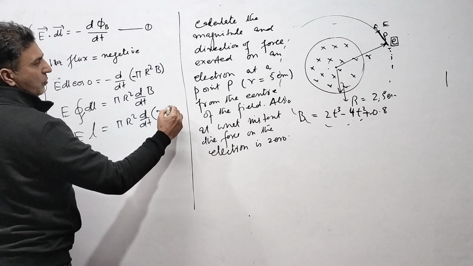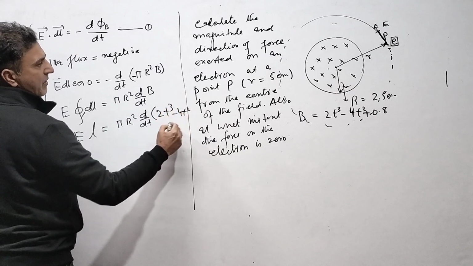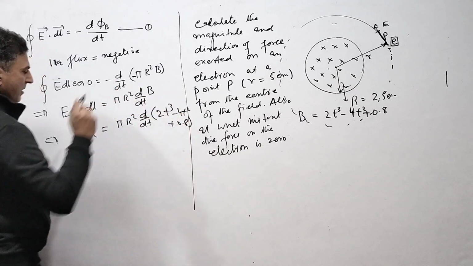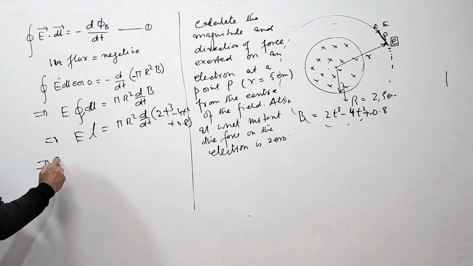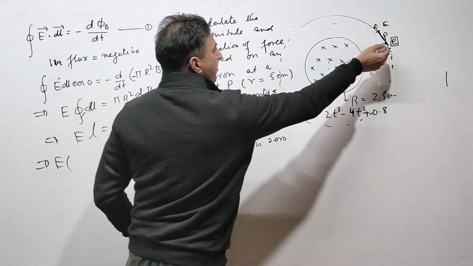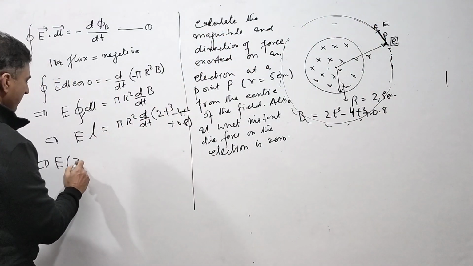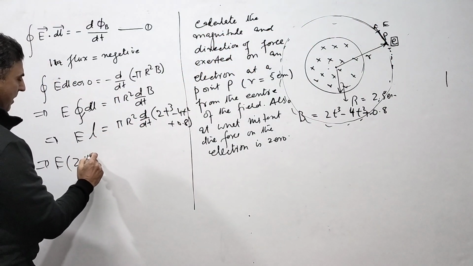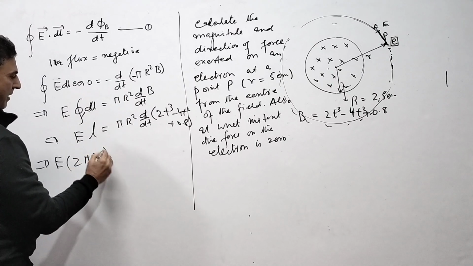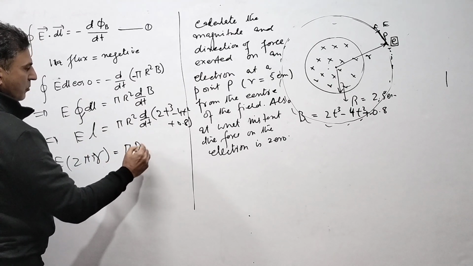That is 2t cube minus 4t square plus 0.8. So that will be E into the total length of this circle, that is 2 pi small r.